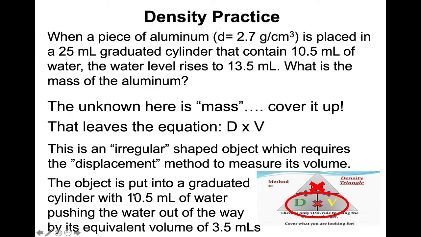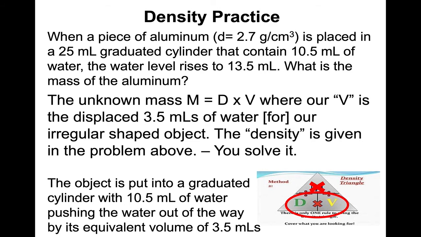So when you put it in there, the water level goes from 10.5, pushed out of the way. That difference is the equivalent volume of the object, or 3.5 mL. 13.5 minus 10.5 gives you, whoops, typo, 3.0 it should be, not 3.5. Sorry about that.